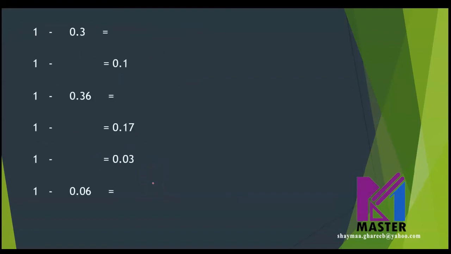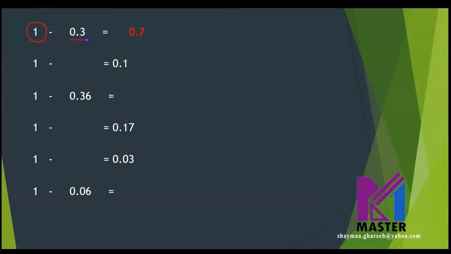Now look at this group of questions. 1 minus 0.3, which is 3 tenths. So the answer will be 0.7 or 7 tenths because we said the 1 whole equals 10 tenths.